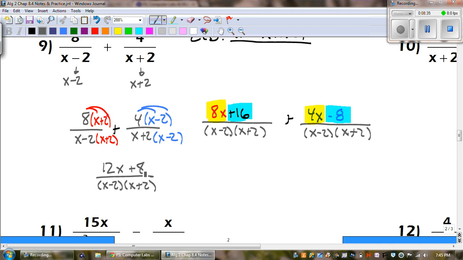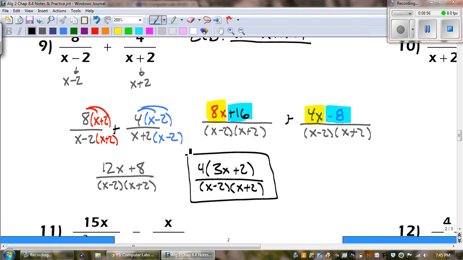Can we factor out the top? Yeah, we can factor out a 4. So we're left with 4 times 3x plus 2, all divided by x minus 2, x plus 2. There's nothing that we can cancel out, so that's our final answer.